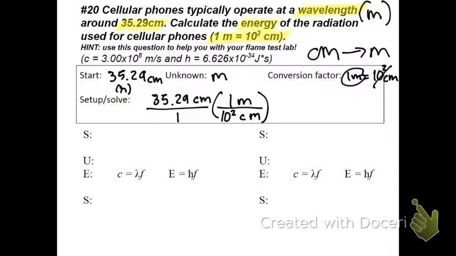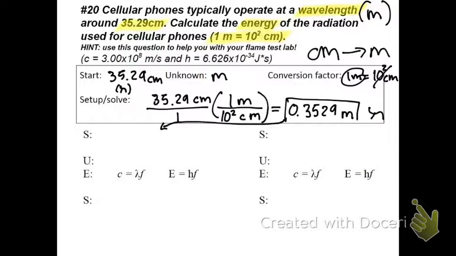Multiply your numerators together and your denominators together, and then divide the top and bottom, and you will end up getting 0.3529 meters. This is your wavelength that you will use at your start. So 0.3529 meters. Reminder, this is our wavelength.